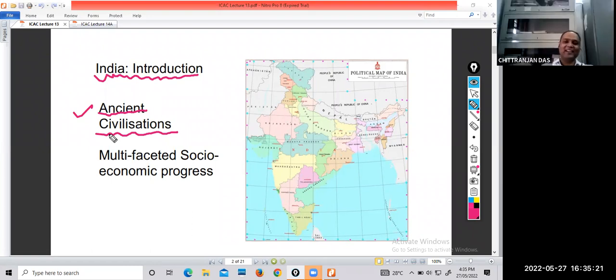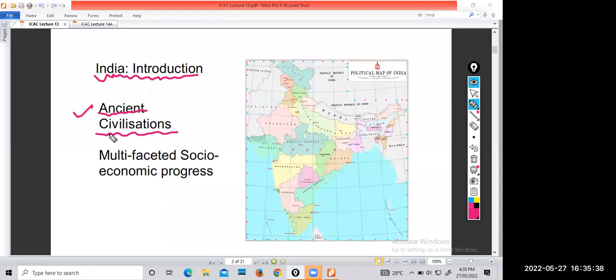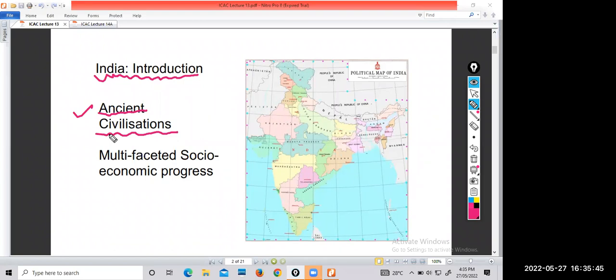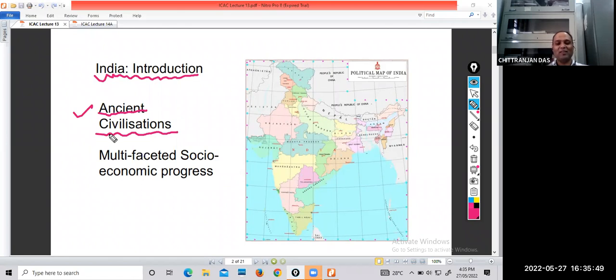So you will immediately say that my country's latitudinal extent is 8°4' and 37°6', like that. If suppose some foreigner asks you to tell about it, you will say it is surrounded by water from three sides immediately. You will start telling about the geographical facets of the country.